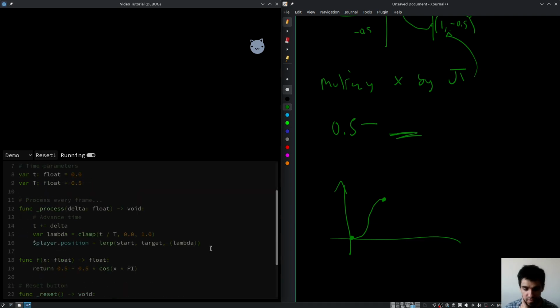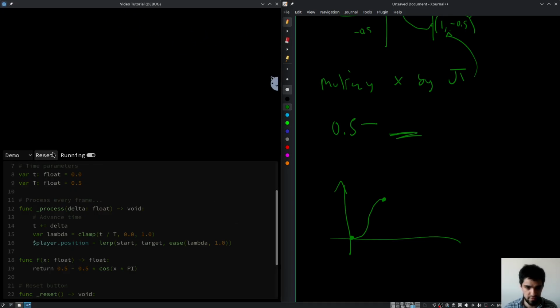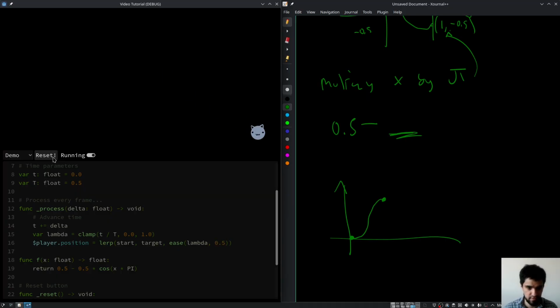Okay, now Godot actually has an ease function where you set lambda and another parameter. So for example, this happens when the ease parameter is 1, but when it's 0.5, as you can see, now we have an ease out kind of motion.